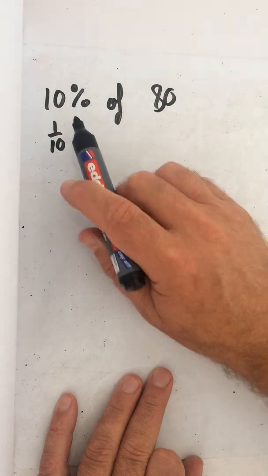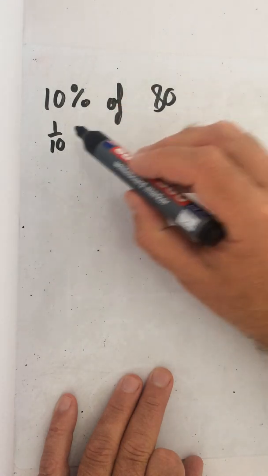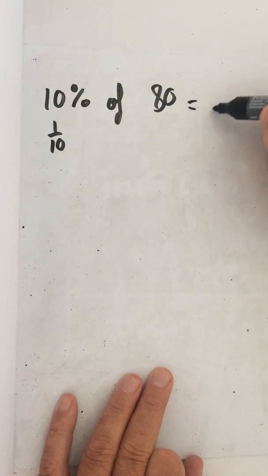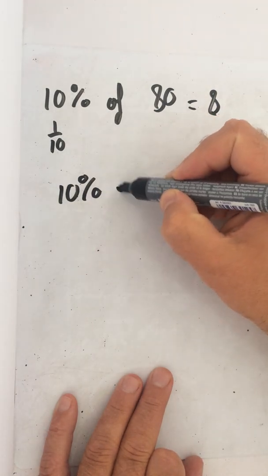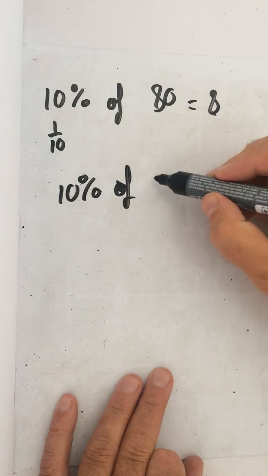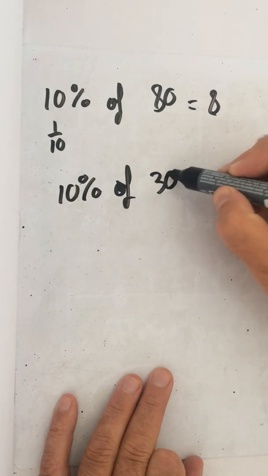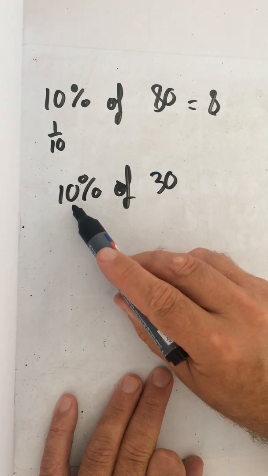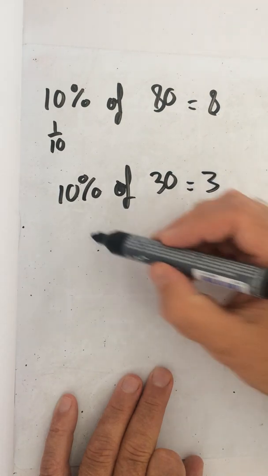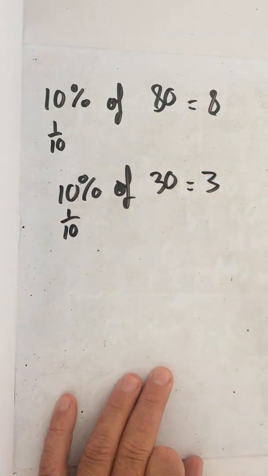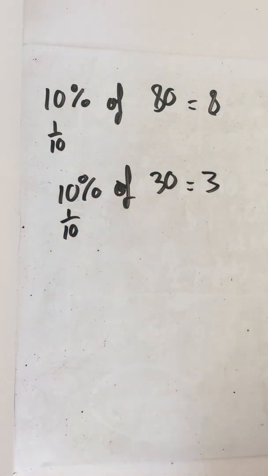How many tens are in 80? 8. Okay, so again, 10% of 30 will be how many tens are in 30? 3. Okay, because 10% is the same as 1/10, isn't it?